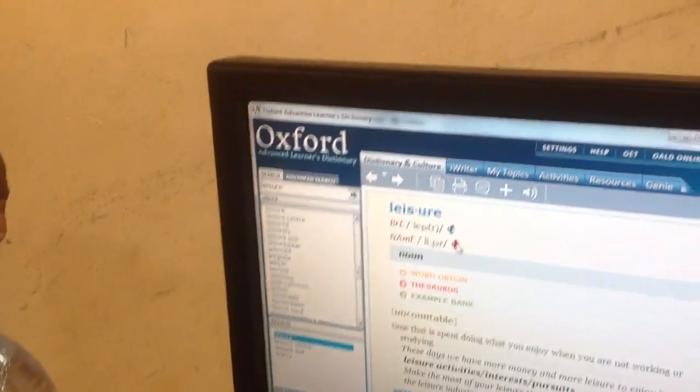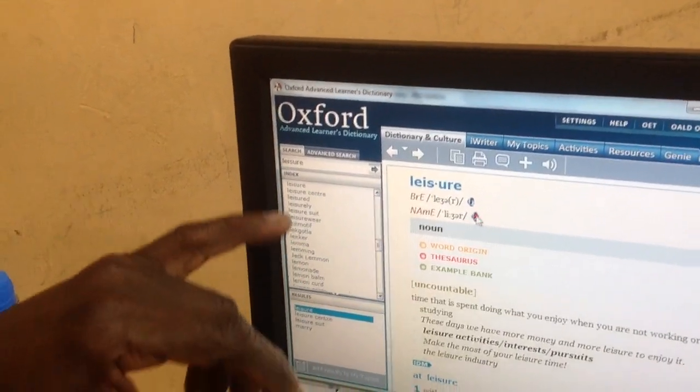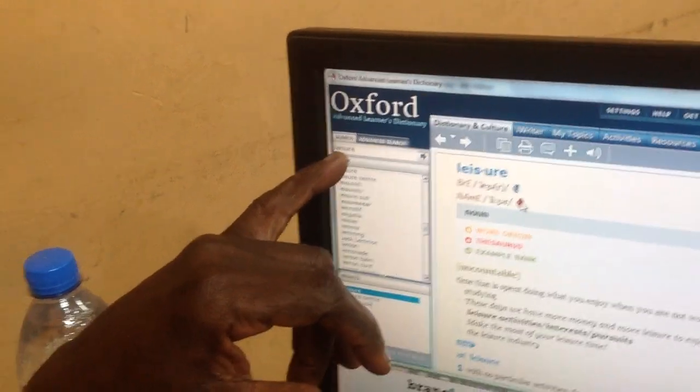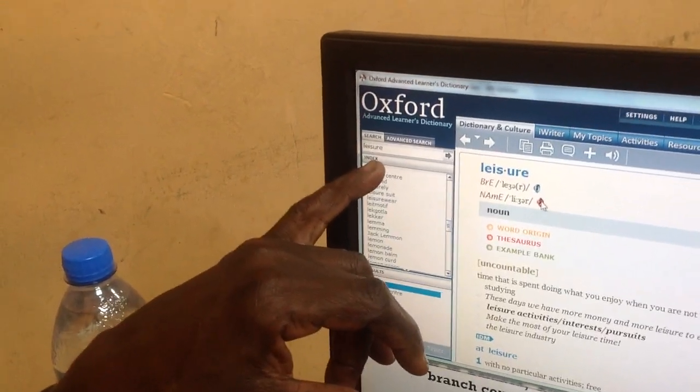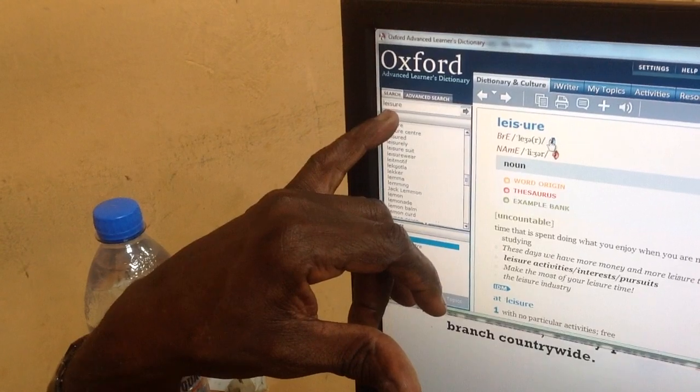You write it, you don't pronounce it. Get this one, for example. This is called leisure, not lay. No, leisure. In America, leisure. All the same, it's a long E sound here, but it is silent in British English.